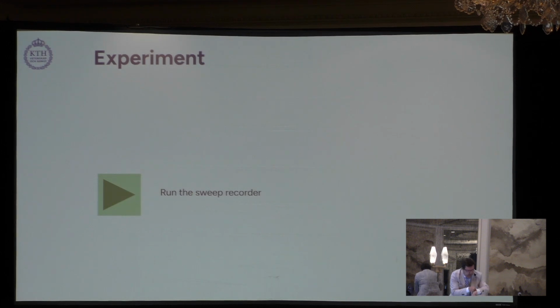So this is what I was hoping, if time allows. Yes, let's try to do it. Okay, so here I have a pair of headphones that I have massacred in order to be able to seal the pipe to them. And then I will run a sweep recorder.